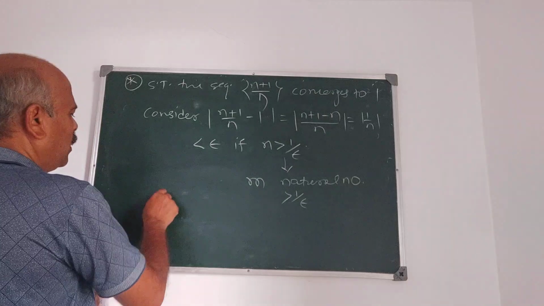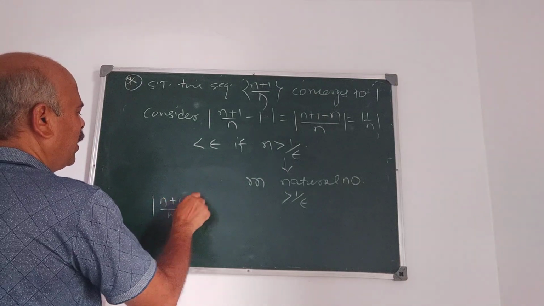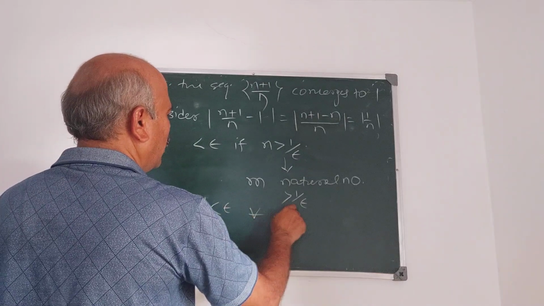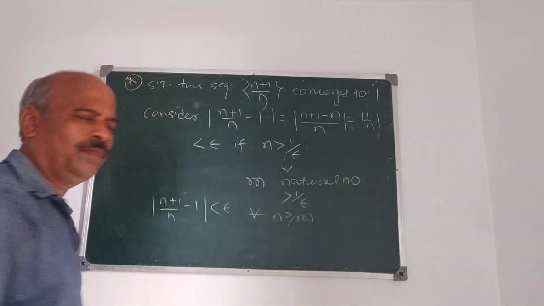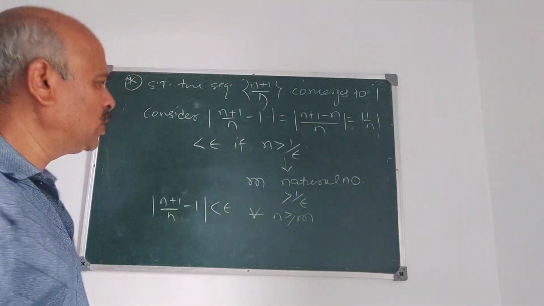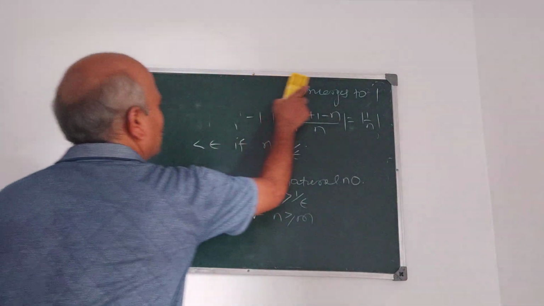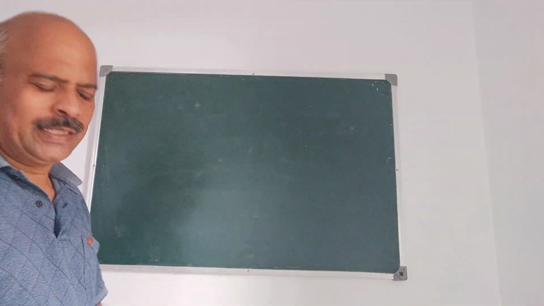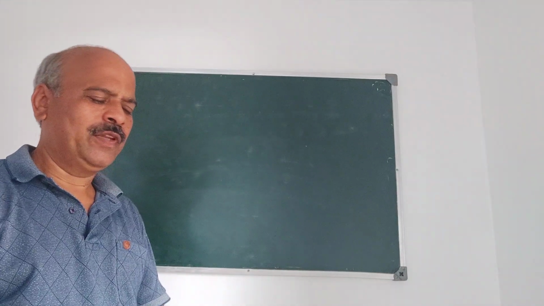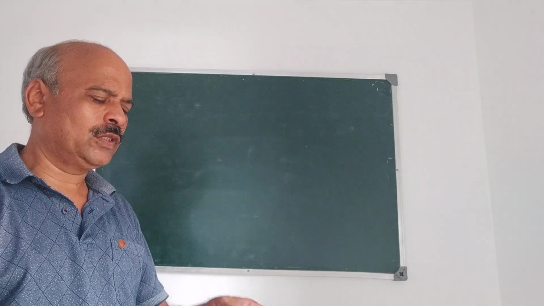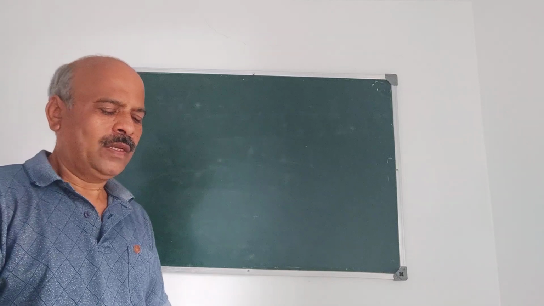From this, mod (n plus 1) upon n minus 1 is less than epsilon for all n greater than or equal to m. Therefore, the sequence converges. This sequence converges to 1. Now, these are the examples based on definition. Prove that sequence converges. We have used definition here.